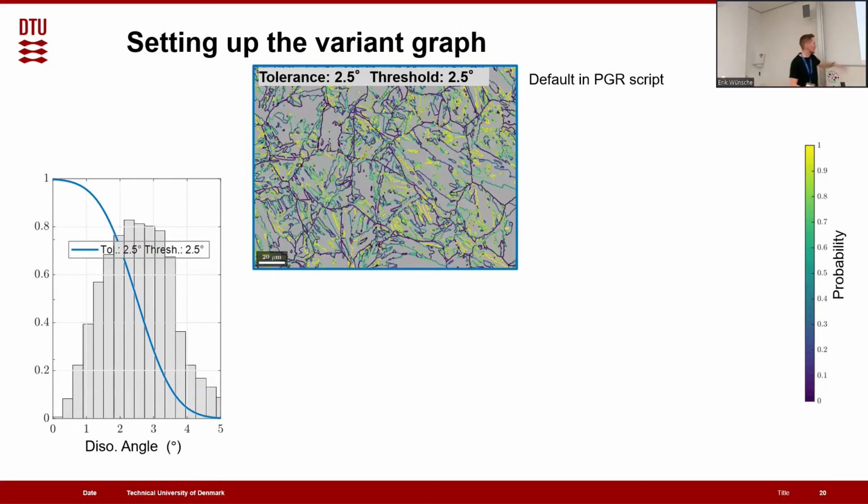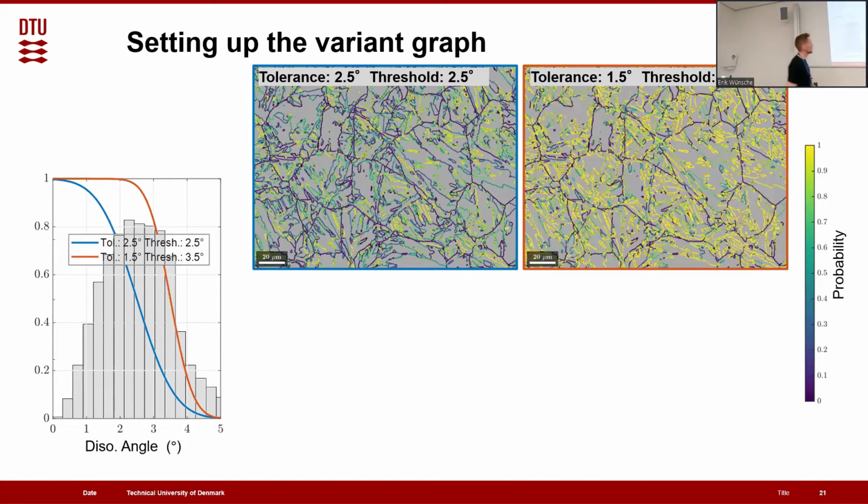So we look again at this disorientation distribution from earlier on, and we can see if we take a threshold value of 2.5 and a tolerance value of 2.5, that we're cutting into the middle of this distribution that we know is somehow related to the internal part of the grains. And we still see the outlines of the parent grains, but we can also see a lot of dark, low probability boundaries inside of the grain, which is maybe not ideal. And maybe to note, this is the default parameter in the parent grain reconstructor script.